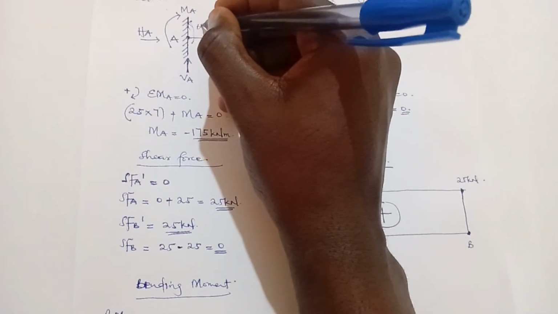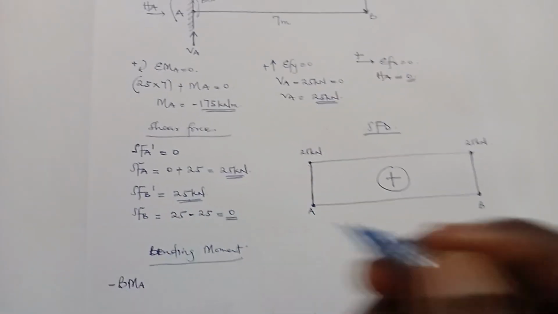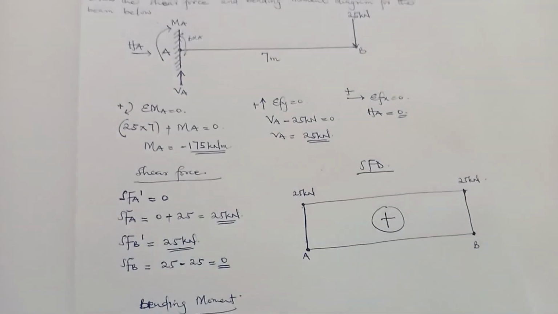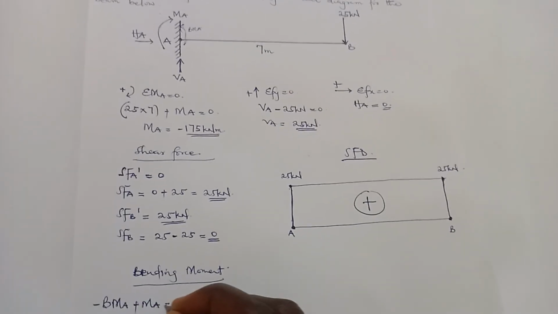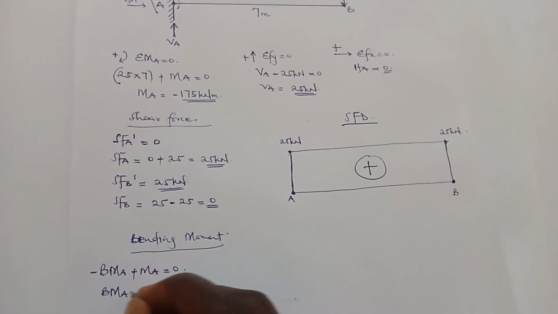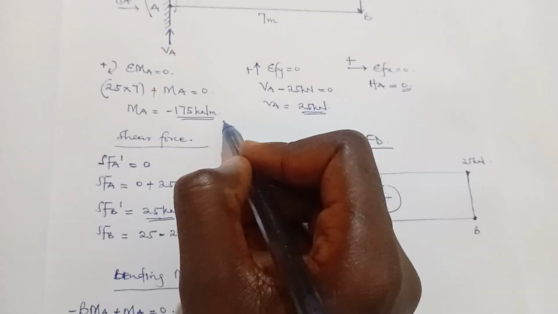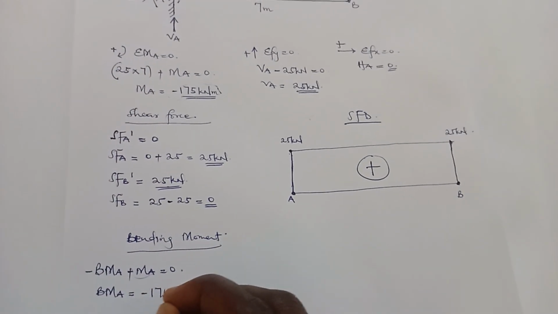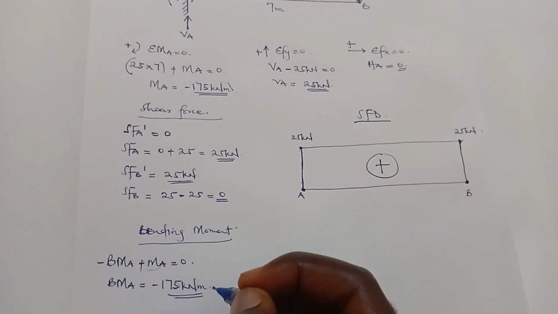So we'll call this BMA. It's moving in the anti-clockwise, so minus BMA. There's a moment here called MA moving in the clockwise direction, so it's going to be plus MA. Everything here is equal to 0. So when we make BMA the subject, BMA will be equal to negative MA. But we've already found MA, and that's negative 175. So negative 175 kilonewton meter. That's the bending moment at A.